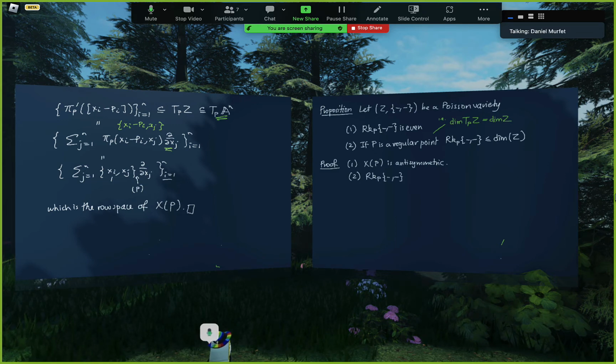Because what was the rank? That was by definition, the first definition, the dimension of a linear transformation that looked like this. Right? In particular, it's bounded above by the dimension of the codomain, which by hypothesis is the dimension.